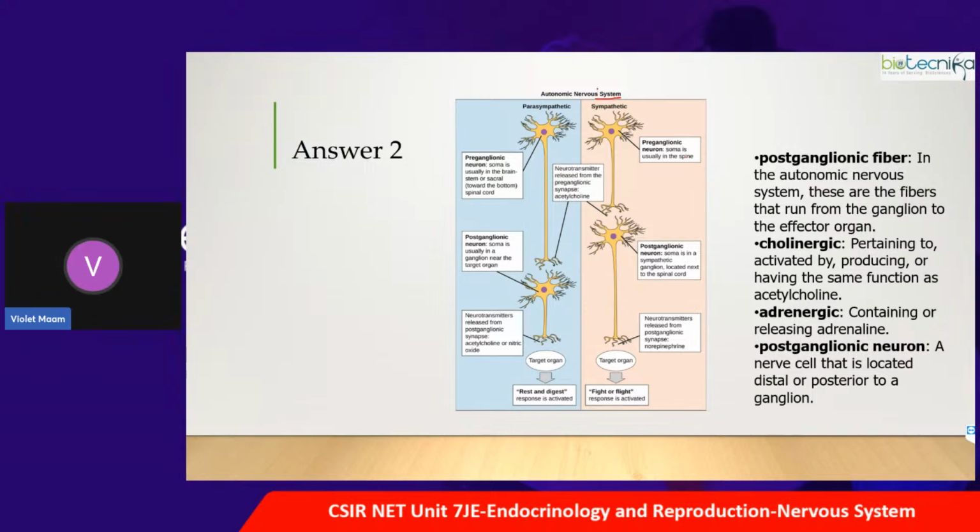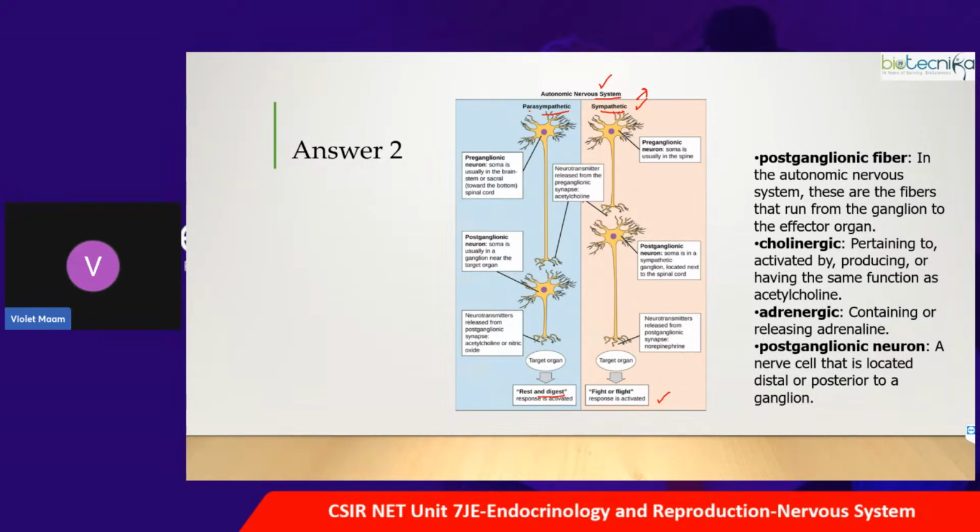The autonomic nervous system is again divided into two parts, right? Sympathetic and parasympathetic. Sympathetic is associated with fight or flight responses, which get activated when the sympathetic division is activated. While the parasympathetic controls the rest and digest activity, meaning mostly when the body is at rest.